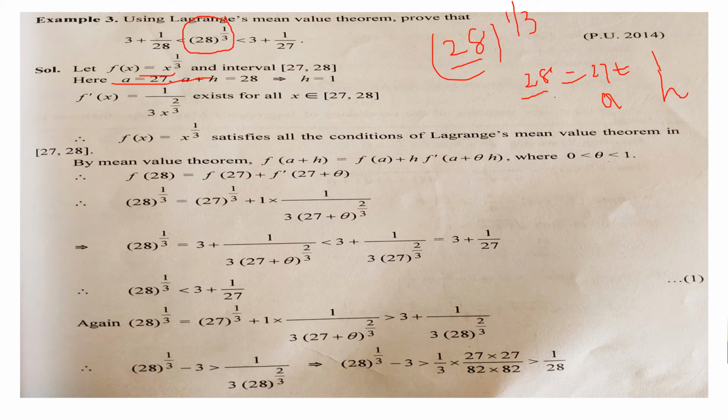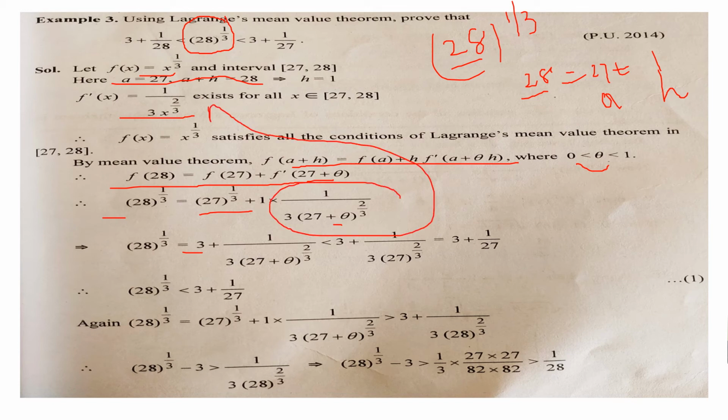So all we have to do here is find the derivative and apply the Lagrange theorem. Put all the values here. One time you have to use theta 0 and one time you have to use theta 1. In this way you can find the approximate value. Putting all the values, 27 to the power 1 by 3 is 3 cubed, so the power will be cancelled out. Here we have used the derivative and put the value of x.